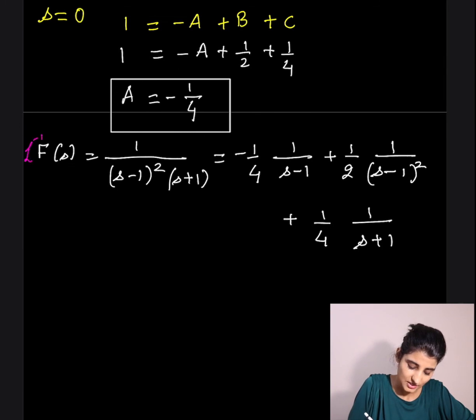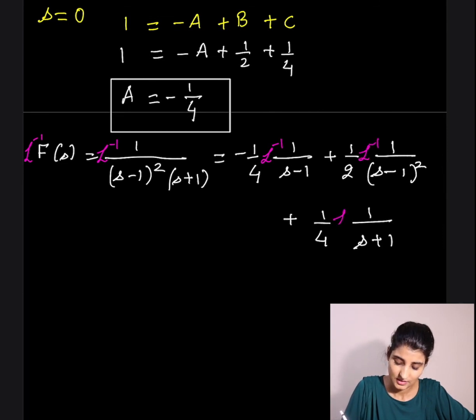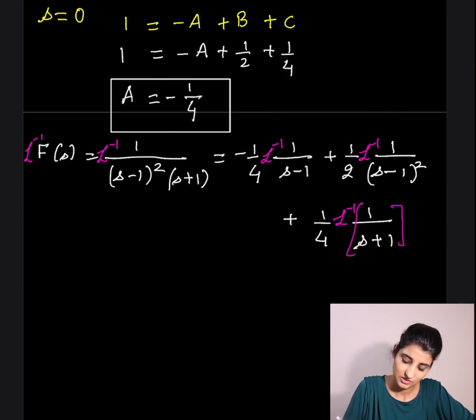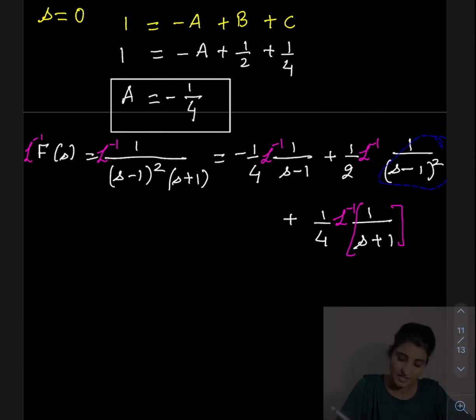So Laplace inverse of F(s) is equal to minus 1/4, because minus 1/4 is a constant, you can pull it out, Laplace inverse of 1 over s minus 1, and 1/2, you can pull it out. In this step, we are using the property of linearity.